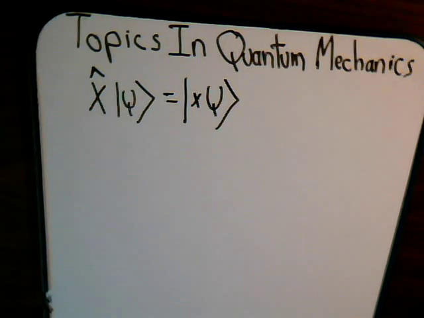Or as we discussed in the previous video, number 9, one of the components of the state ket vector is the wave function of the particle.